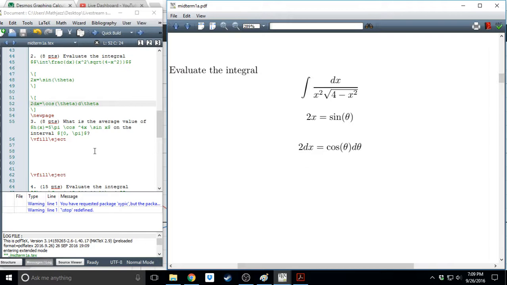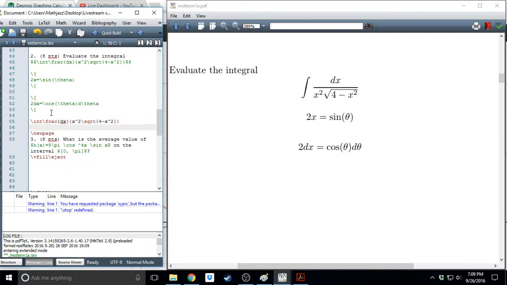And if we do this, then we can substitute this back into our integral, like so. So our dx becomes cosine theta d theta. We have a half that we have to add to this, in the denominator.